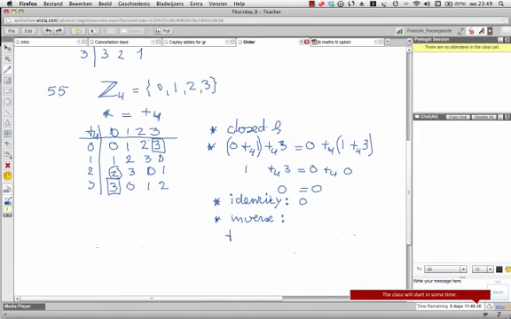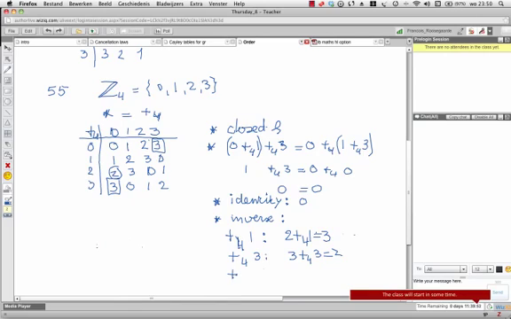Take for instance the operation plus 4 1, which brings me, for instance, from 2 to 2 plus 4 1 gives me then 3. The inverse operation is then plus 4 3, because 3 plus 4 3 gives me 2.